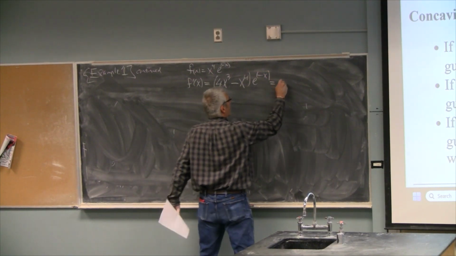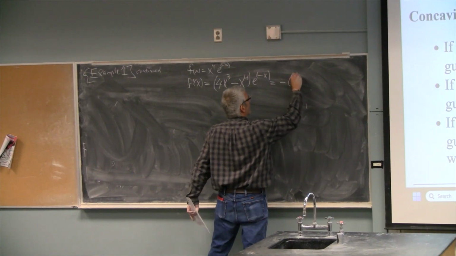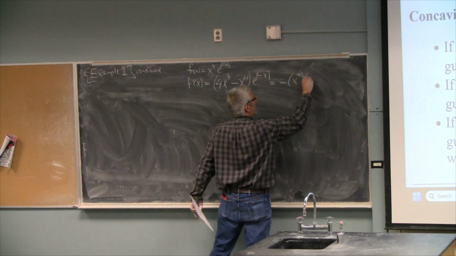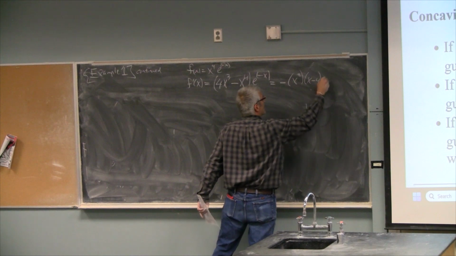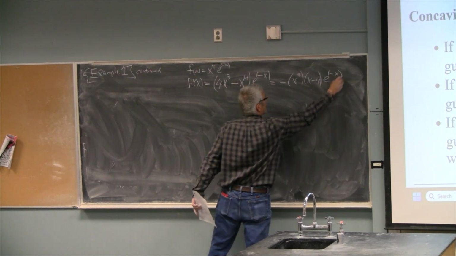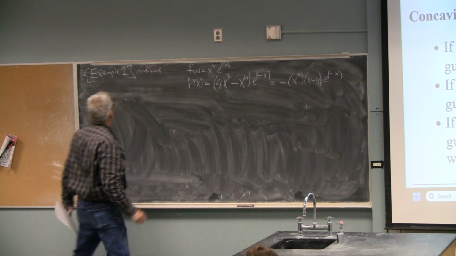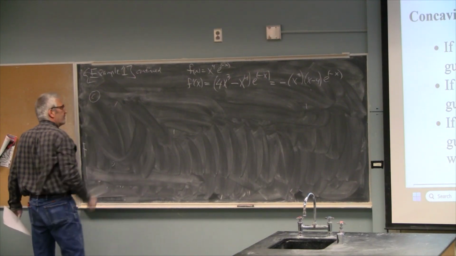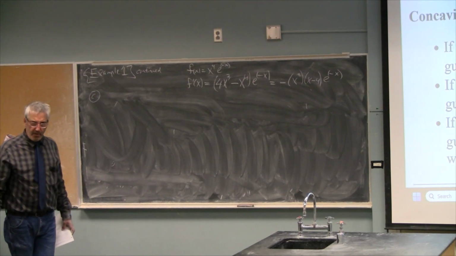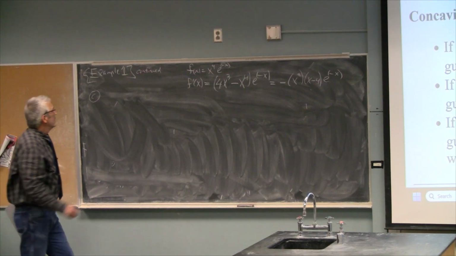And we figured out that, after I factor it, it's minus x cubed times x minus 4 times e to the minus x. So that's the function we're dealing with. So C, find the intervals where f is concave up or concave down.